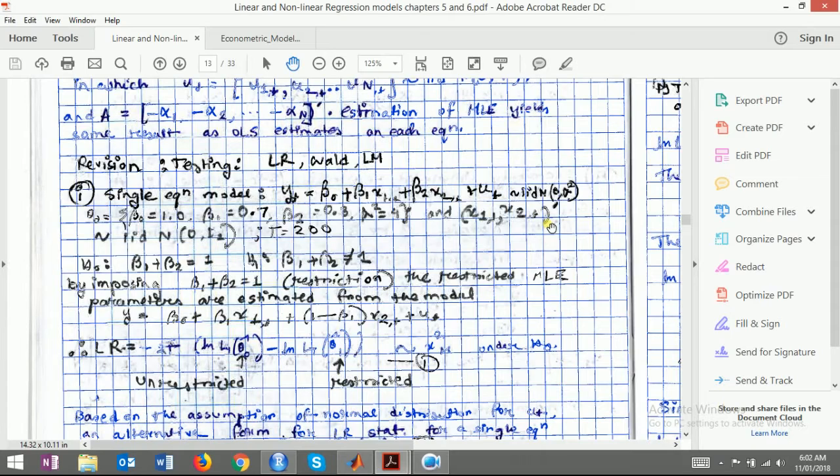So instead of finding the unrestricted and restricted theta parameters, we can just take the difference of sigma, which is the variance covariance matrix of the restricted minus the unrestricted. The difference is the same value, so either you can take all the parameters or you can simply take the variance covariance matrix.